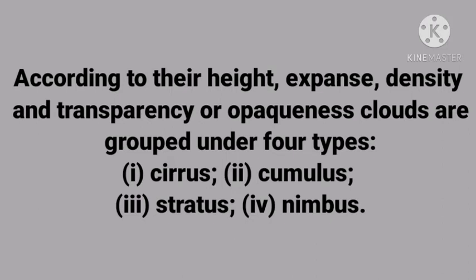So students, the low clouds are also of different types, medium clouds are also of different types, and the high clouds are also of different types. But here we will study only four types of clouds across all three categories: low cloud, high cloud and the medium clouds. These are basically categorized into four parts, all divided into the three subcategories.